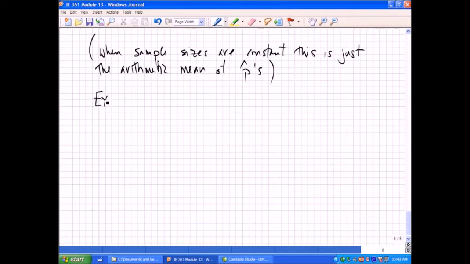If I go back to this example data set, what I can find for a pooled p hat is this.